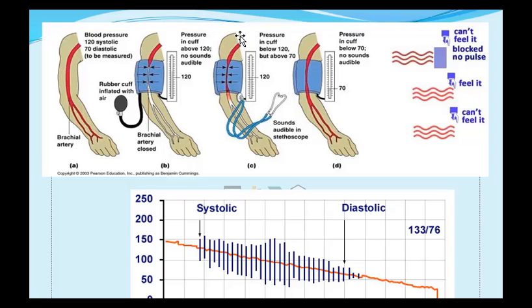And if the pressure in the cuff is below 120, wherein 120 is the maximum for this example, but above 70, sounds are audible in the stethoscope, and you can feel it. When the pressure is below 70, no sound is audible until you hear the sound again, and then the blood flow normalizes. So again, systolic is the highest or maximum pressure, and diastolic is the lowest pressure.